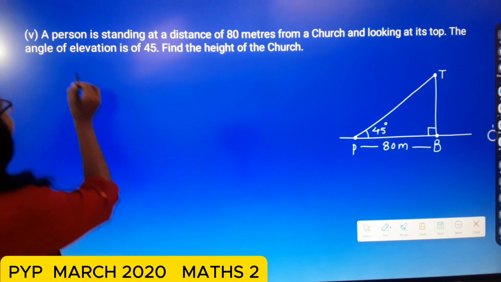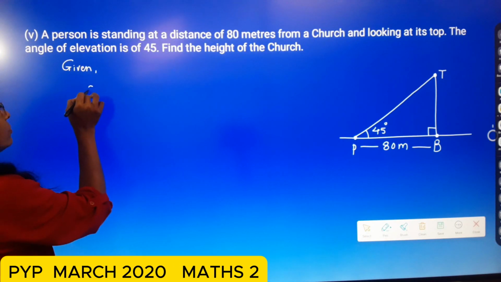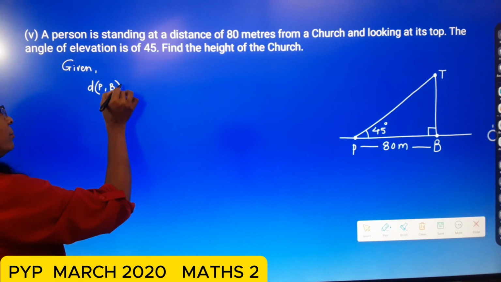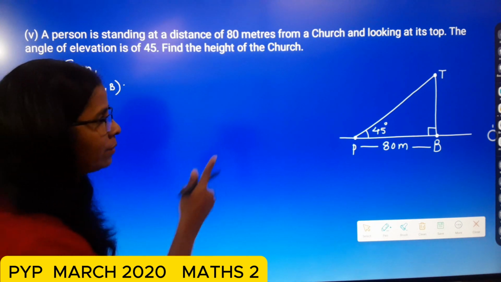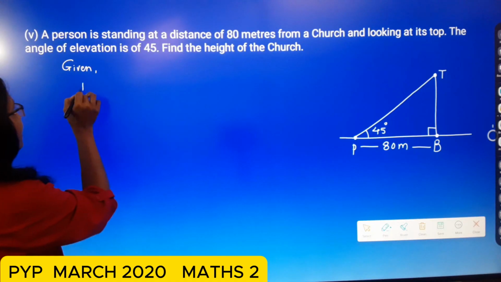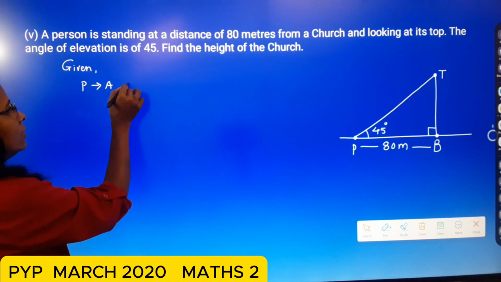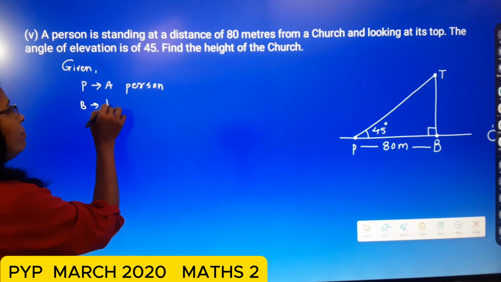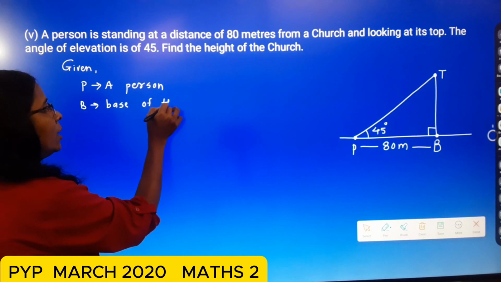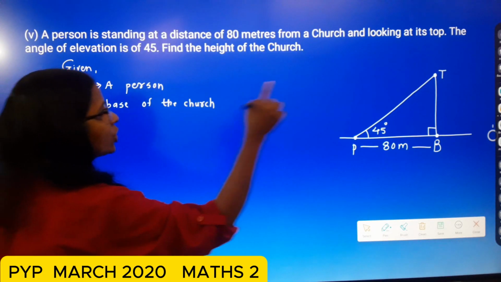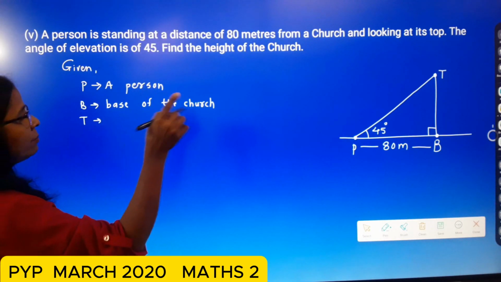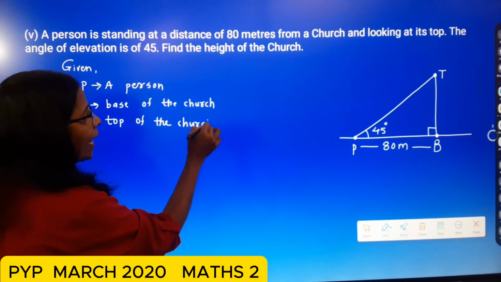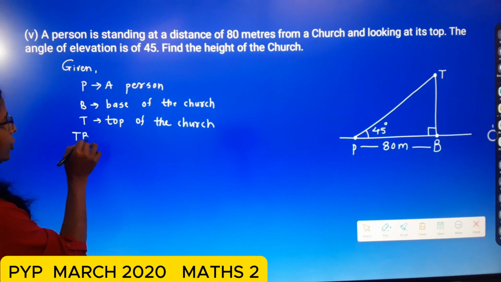Okay, now solve it. First we describe this figure: P represents a person, B stands for the base of the church, T represents the top of the church, and TB is the height of the church.